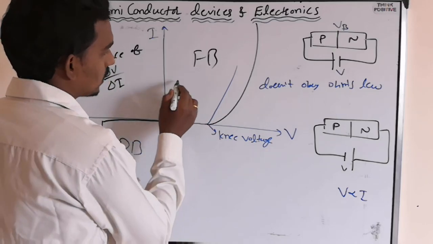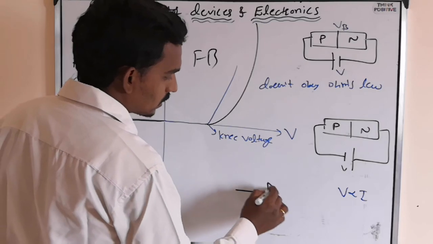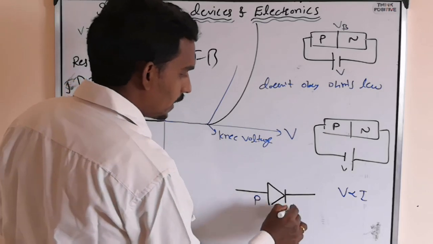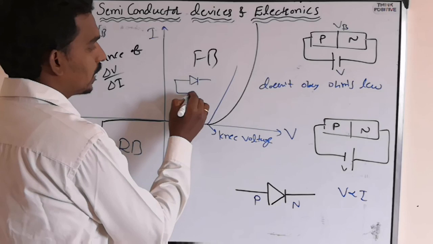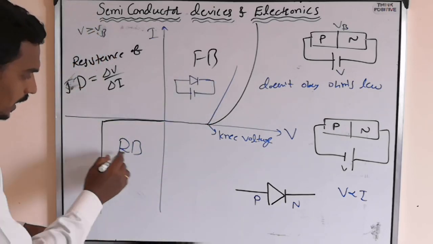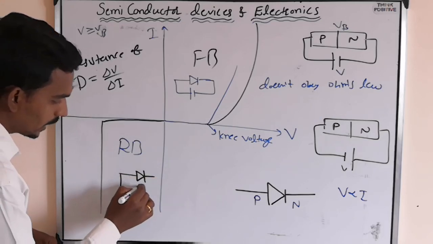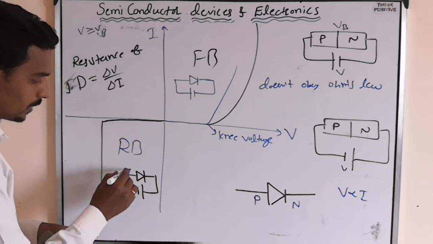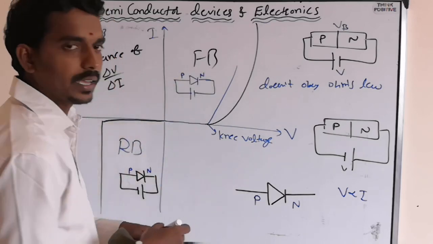And this forward bias we will represent in this way. Generally a PN junction diode we represent in this way. This is the P side, this is the N side. So here we connect this to the positive and this to the negative terminal. And in the same way here we connect this to negative and this to positive, because this is the P side, this is the N side.